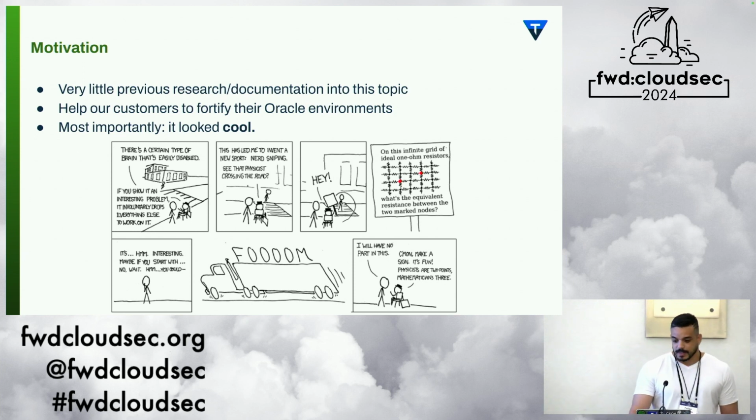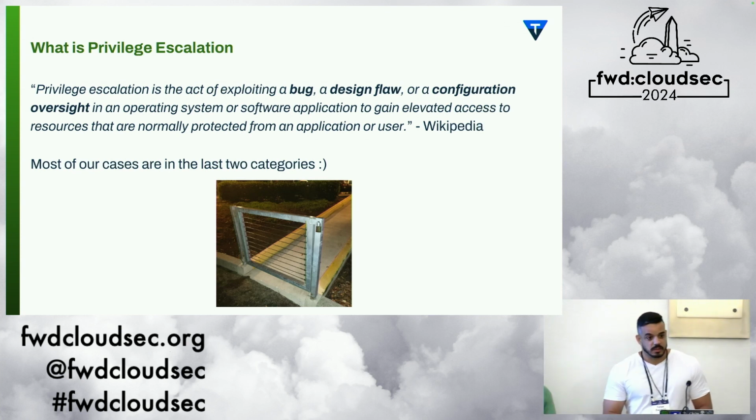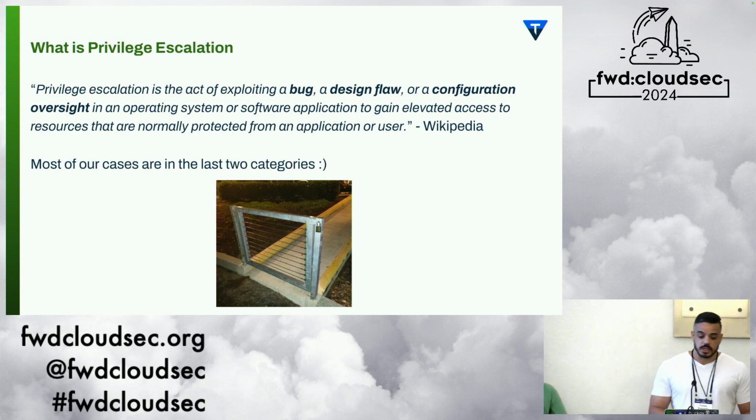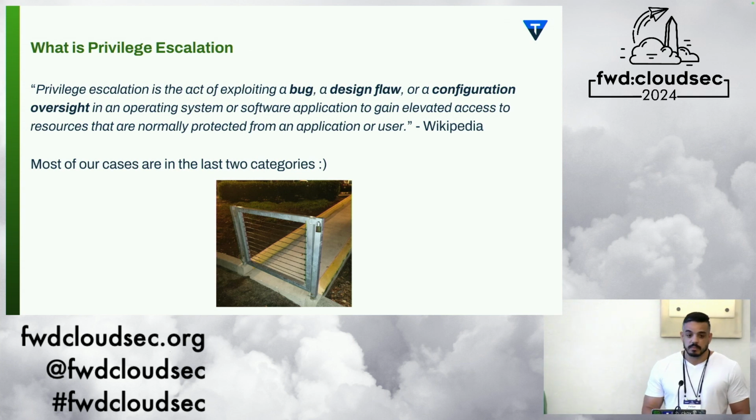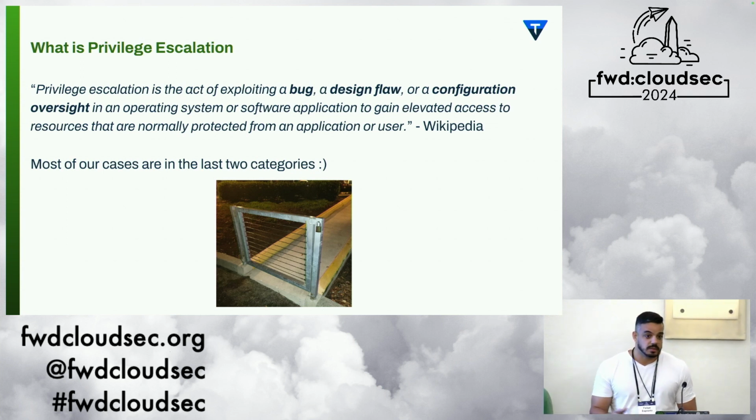So, yeah. What exactly is privilege escalation, what are we trying to accomplish here? This is a Wikipedia definition of privilege escalation, but it's basically to exploit a bug, a design flaw, or a misconfiguration in any cloud provider or configuration that might help you to get more privileges than you had before.